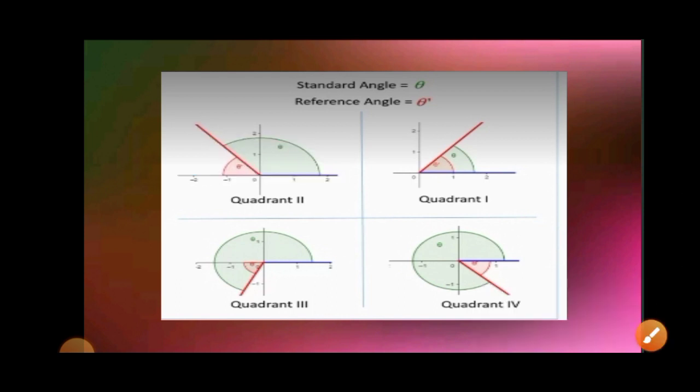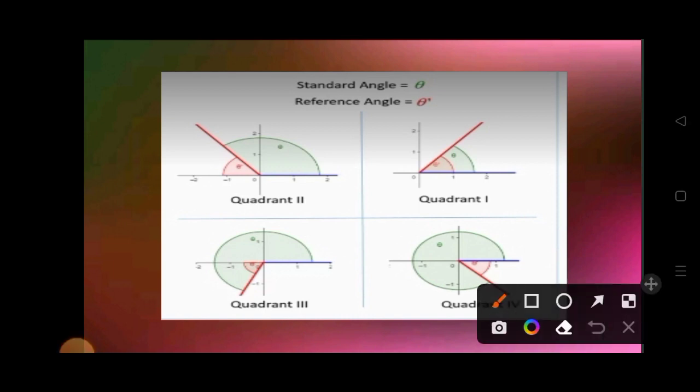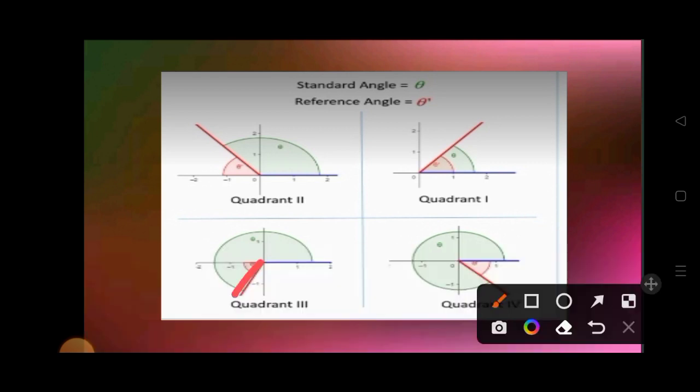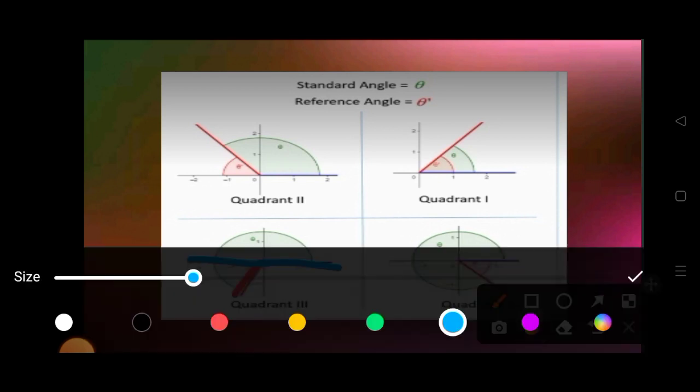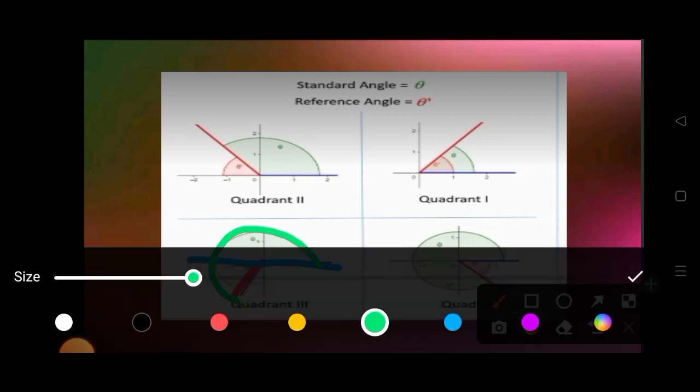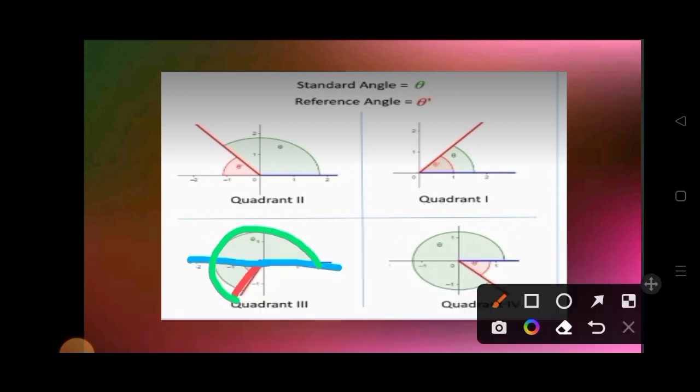Then, in quadrant 3, this is our terminal side, our x-axis, the standard angle, and our reference angle.